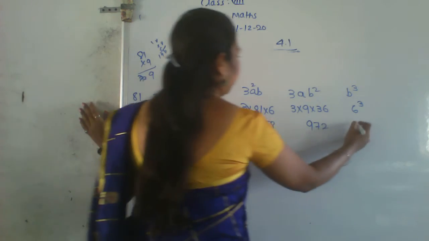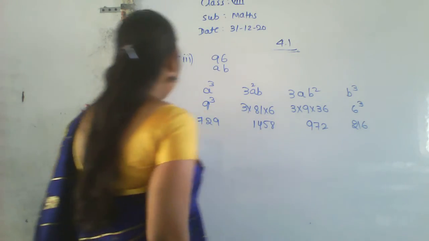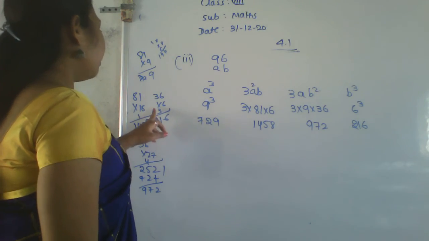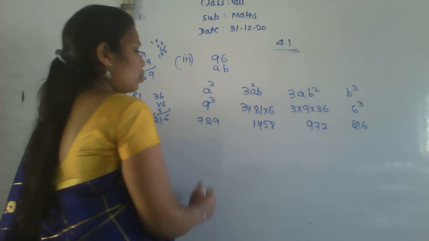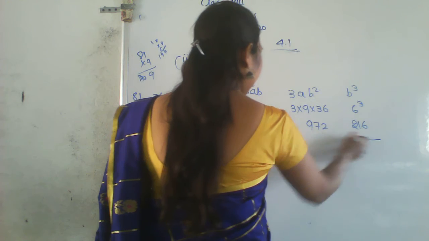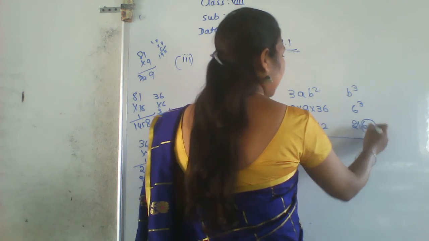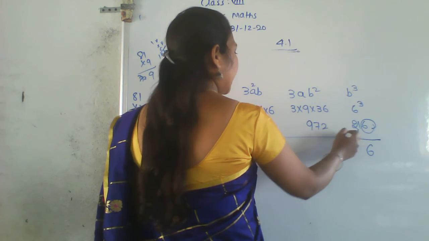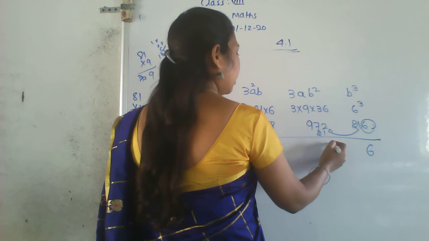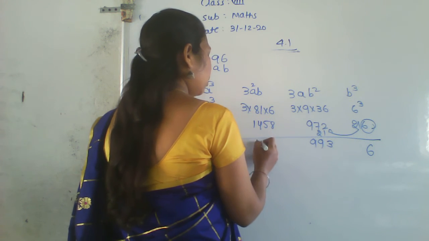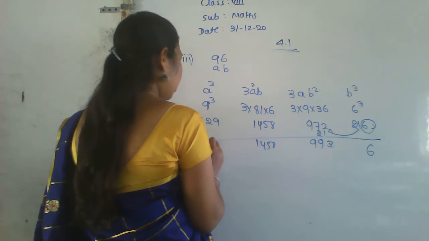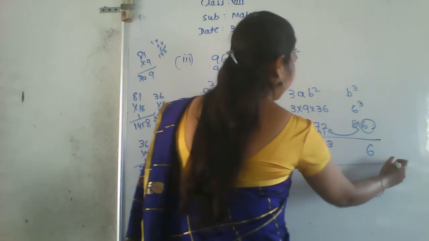Sorry, 216. So now add here. Only write a 6 value at the end digit and take 21 here and add. That will become 399 here. So write as you can see your values and go for the next step.